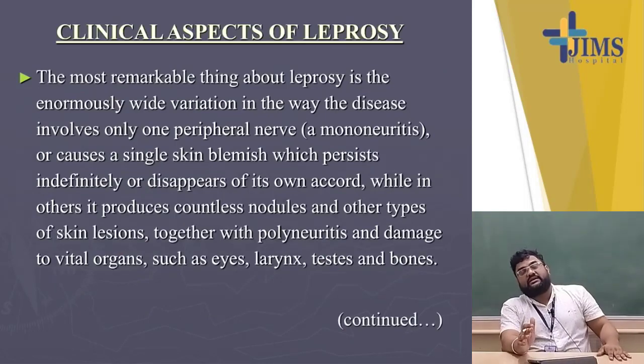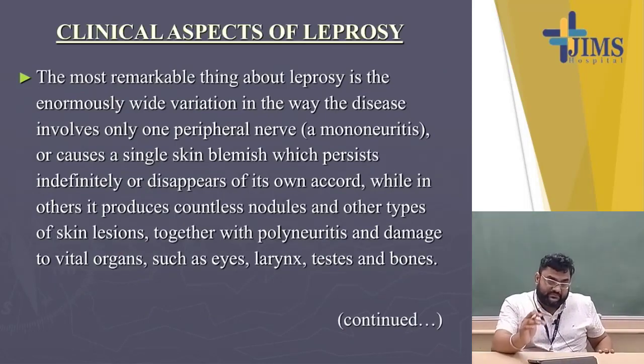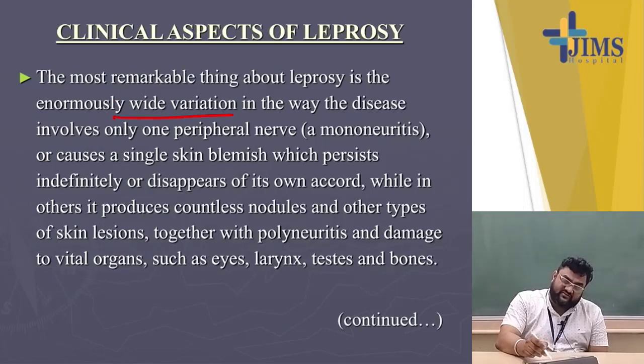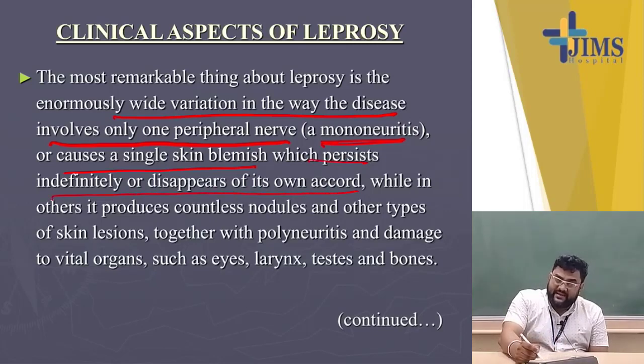Coming to the clinical signs and symptoms. Leprosy is considered one of the mimickers of a lot of diseases. We have an enormous wide variation in the way the disease involves only one peripheral nerve, a mononeuritis, or causes a single skin blemish which persists indefinitely or disappears of its own accord, mainly seen in tuberculoid leprosy.